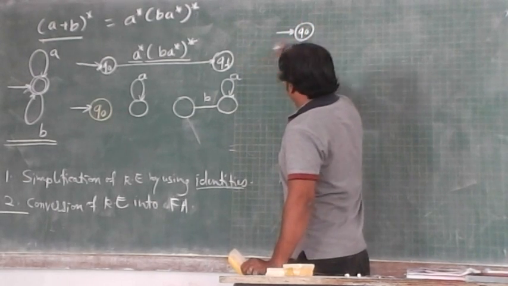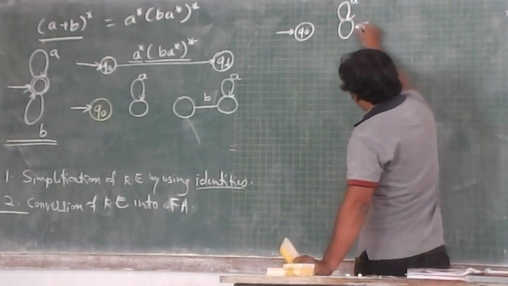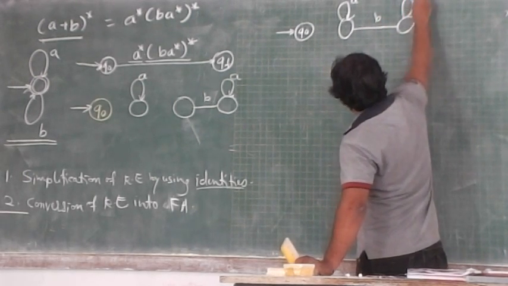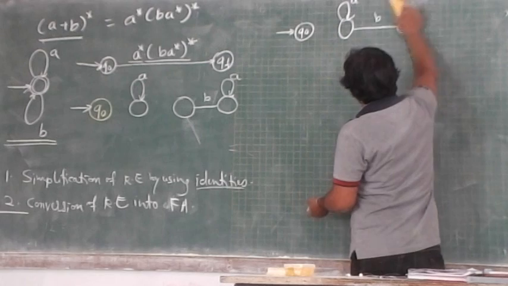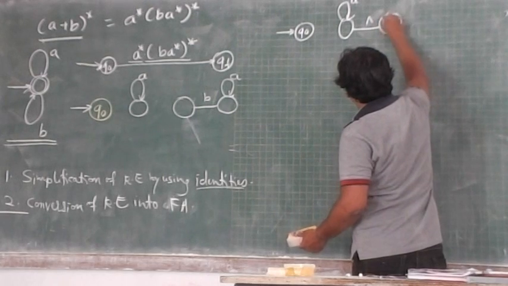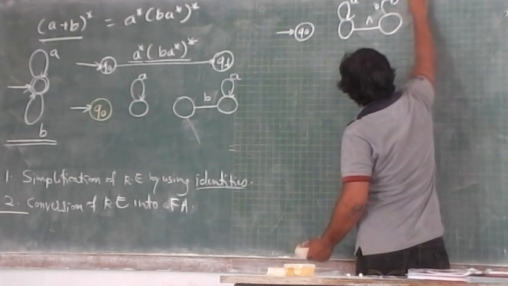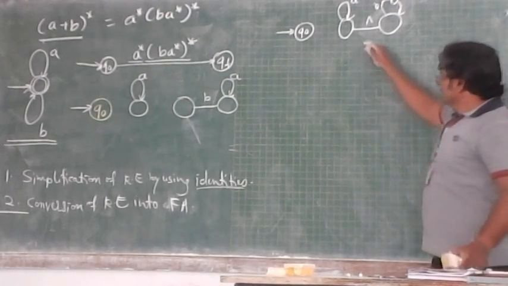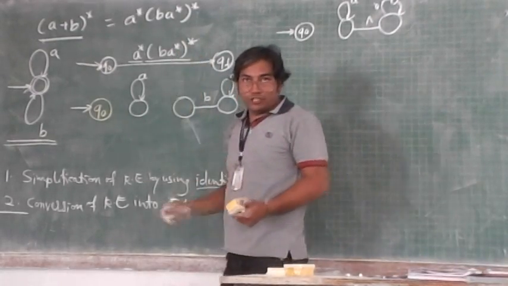Q0, A star I can define like this. B, A, or I can say like this. B, A. See, this B A star is again a closure.